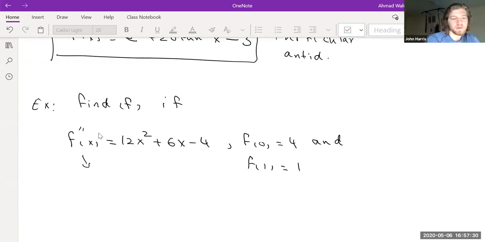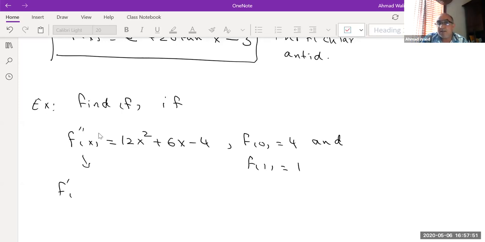Find the zeros of f double prime. First find f prime, then find f double prime, then find the critical numbers, correct? Now you are going the opposite way. F double prime is given. The next step is to find f prime. Could I explain it well to you?